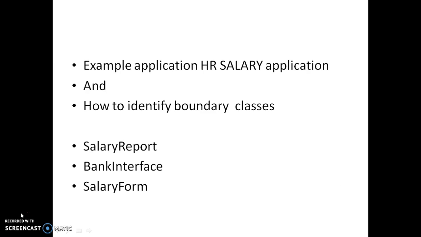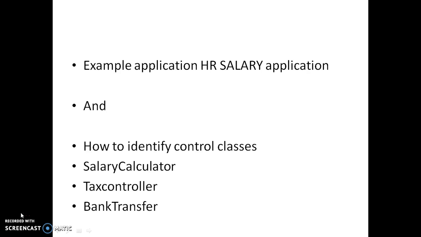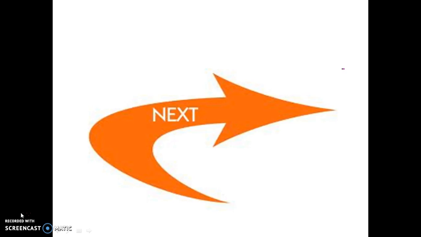The boundary classes would be where you see the salary details as a report, or you interface with the bank, or the salary form where you are able to input all your deductions and incomes and other details. In the example salary application, let's see how to identify the control classes. The classes which are responsible for, say, calculating salary, calculating taxes, transferring money to the bank would be examples of the control classes.